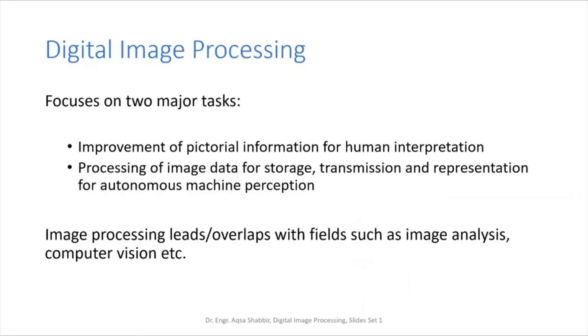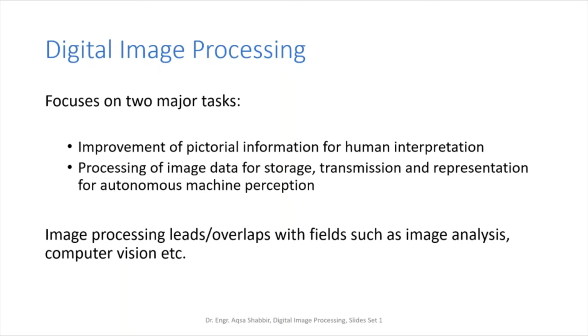Okay, now that we understand what a digital image is, let's look at what digital image processing truly entails. Digital image processing focuses on two major tasks. Number one, it is the improvement of pictorial information for human interpretation. And secondly, it entails processing of image data for storage, transmission, and representation for autonomous machine perception.